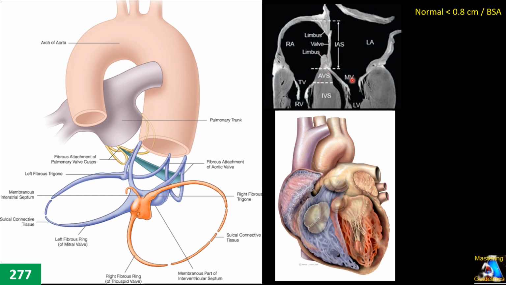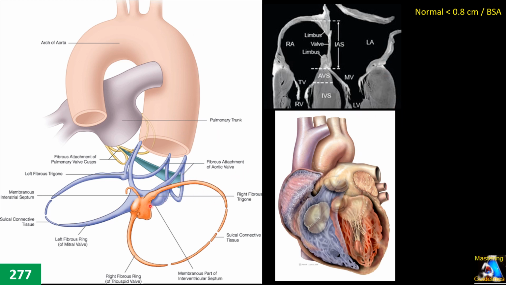Here is the insertion of the anterior mitral valve leaflet at this level, and the insertion of the septal leaflet of the tricuspid to the septum is at this level. The difference in the normal situation is less than 0.8 centimeter per square meter of body surface area. If it goes more than that, it goes into the category of Epstein anomaly, which I will talk about in detail in pediatric echocardiography in another lecture.